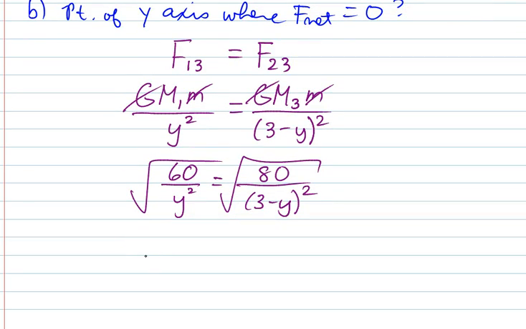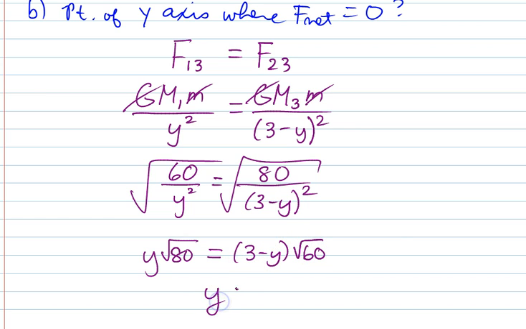This means that y times the root of 80 is 3 minus y times the root of 60. And if we solve this for y, we get approximately 1.39 meters.